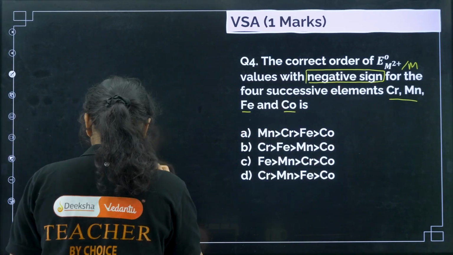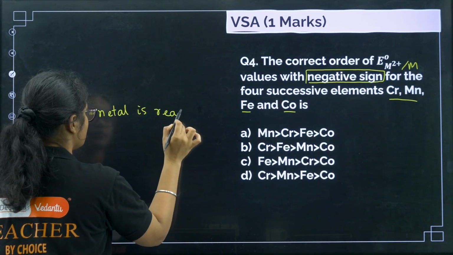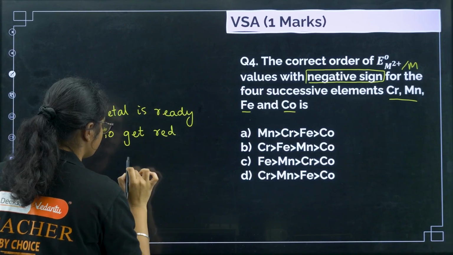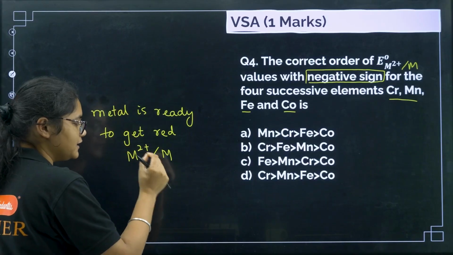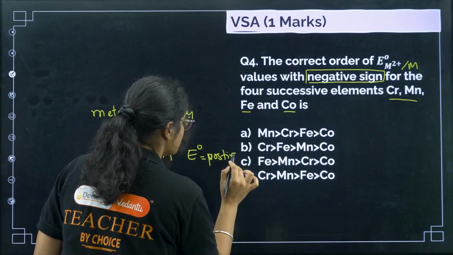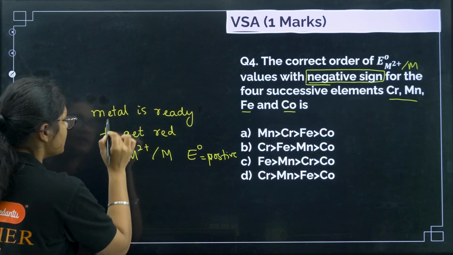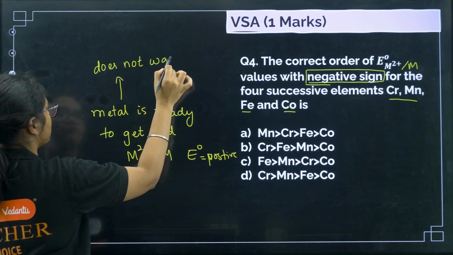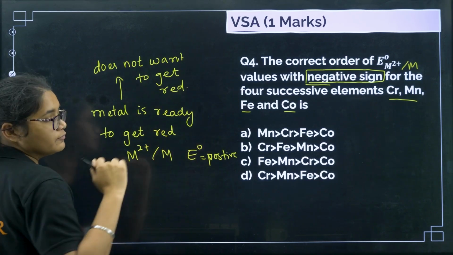Generally if a metal is ready to get reduced from M2 plus to M, if it can undergo reduction easily, then the E0 value will be positive. But if it is asking negative sign, that means this value is negative, that means the metal does not want to get reduced. In that case the value will be negative.